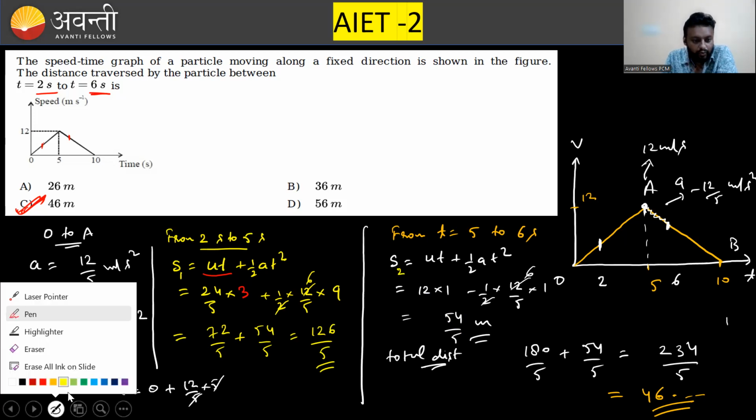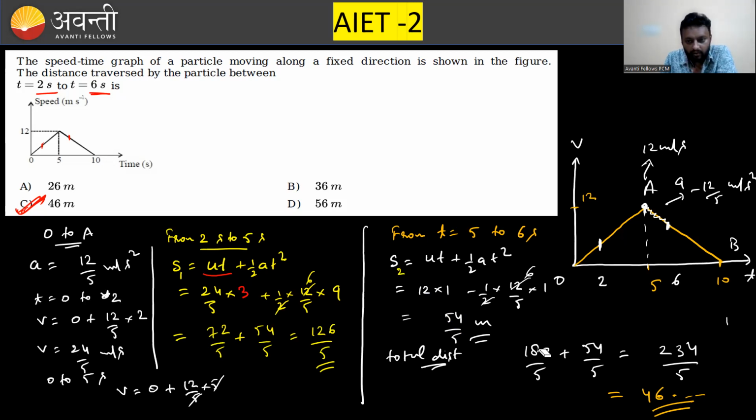And if you add these two values, what you will get, this is 126 by 5, and this is 180 by 5. 180 by 5 is 5 3s are 15, 3, 5, 6. That is 36 is the total distance.